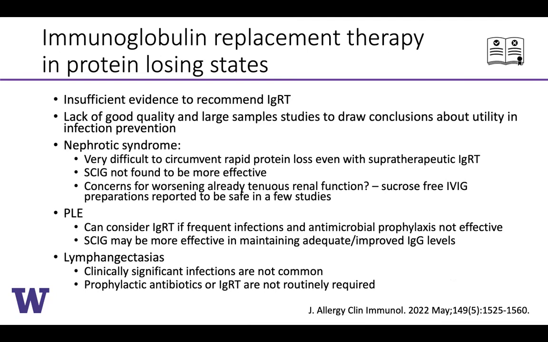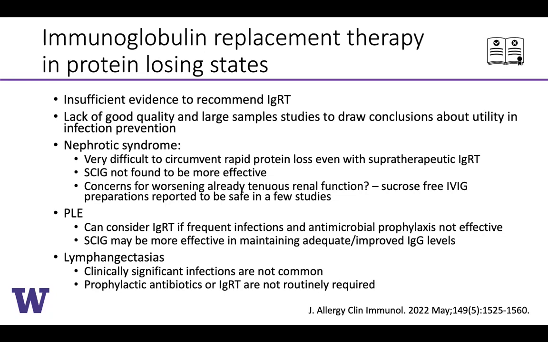For nephrotic syndrome, again, it is very difficult to circumvent protein loss, even with supratherapeutic doses. People have tried using a subcutaneous delivery method, but that was also not found to be more effective. There are also some concerns about how it affects already tenuous renal function, though sucrose-free IVIG preparations were shown to be safe.